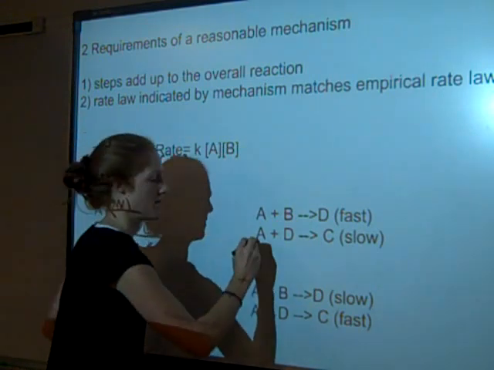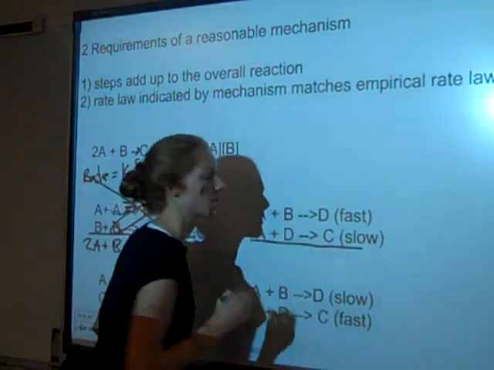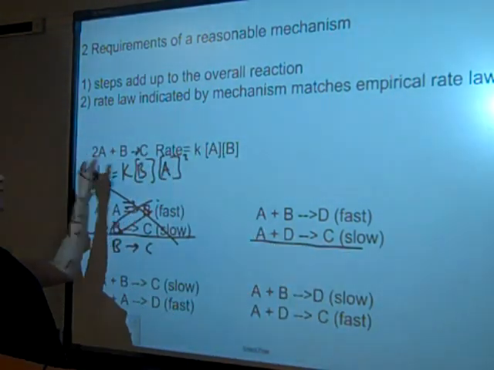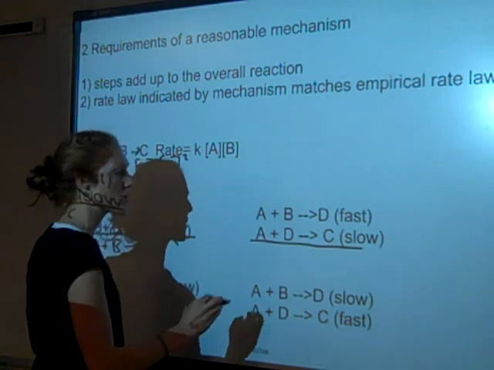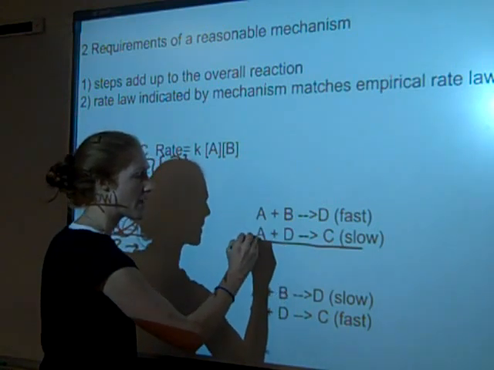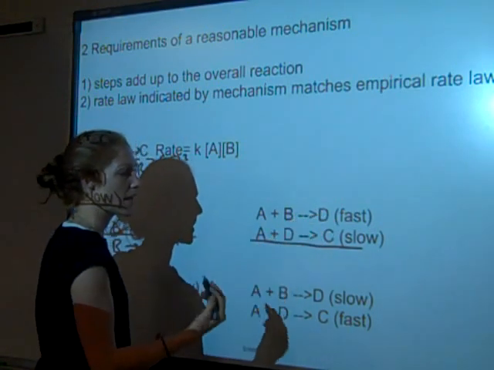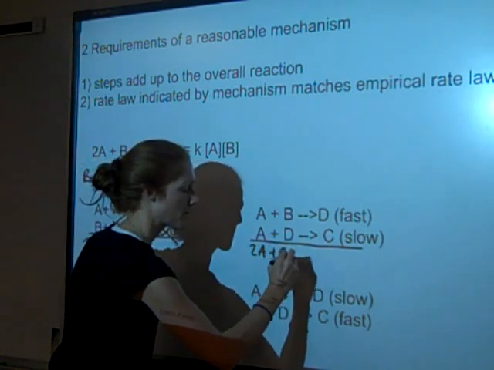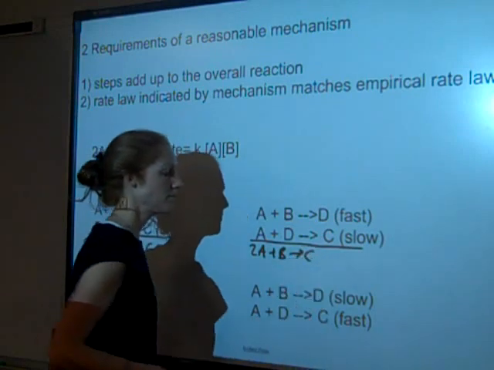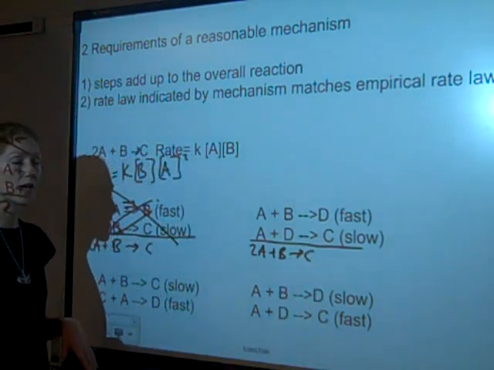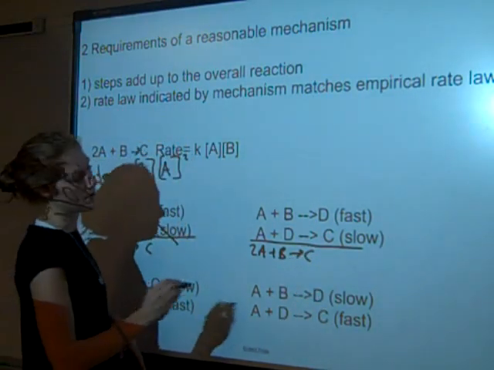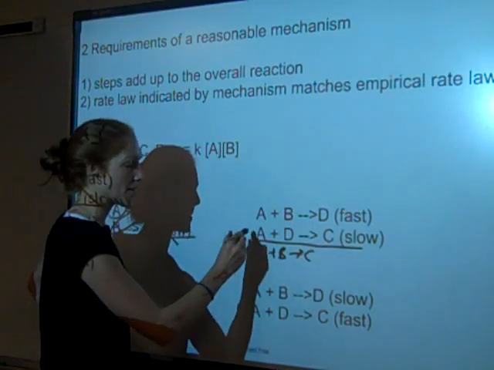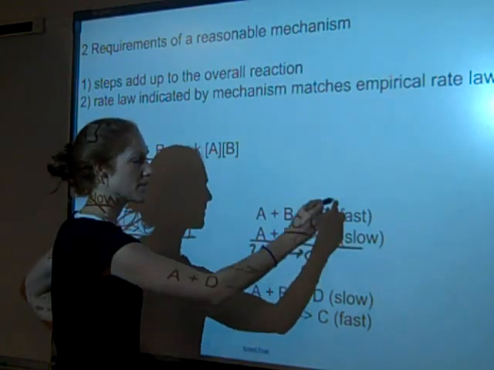Let's check this one. Let's add up the steps and see if it matches the stoichiometry of the goal reaction. I can see I've got 2 A's. This D intermediate is going to cancel out, so it all adds up. I've got 2A plus B forms C, so it adds up correctly. Let's check the rate law. This is the slow step, so all of these are going to be involved in the rate law.